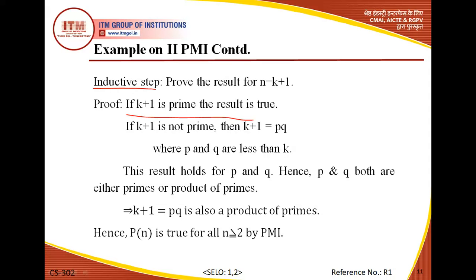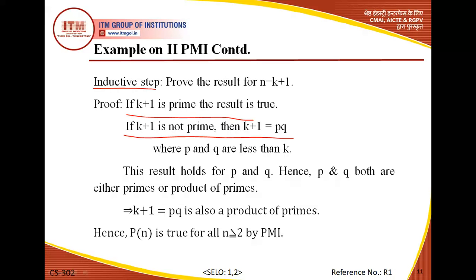Now if that's a composite number, then what happens? If k plus 1 is not prime, which means that the factors of k plus 1 are other than 1 and k plus 1.